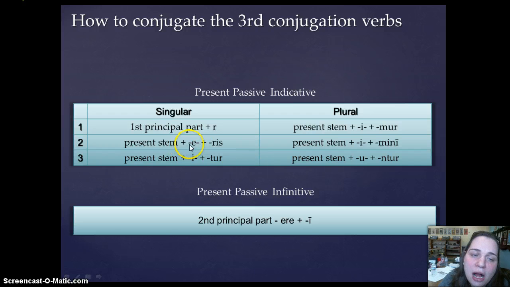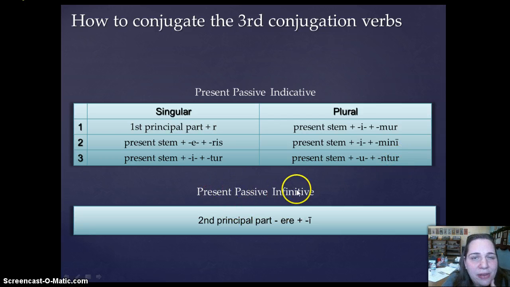Now, for a reason that makes sense linguistically, but I'm not going to bother to have you learn, in the second person singular, instead of supplying an I, you have to supply an E, and then add your personal ending -ris. But then for the third singular, first and second plural, you supply the I, and then -tur, -mur, and -mini. And then for the third person plural, you add the U, just like you do for the active, by the way, and then your ending -ntur.